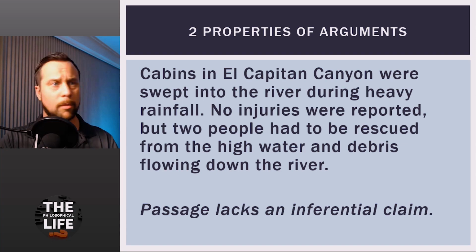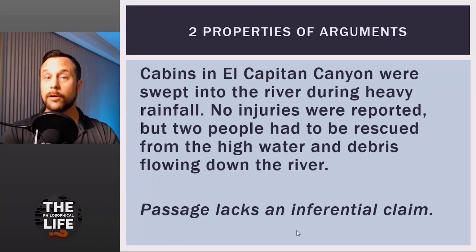Therefore, no injuries were reported. None of that makes sense, right? So it's lacking that inferential connection. It's not a 100% guarantee, but you can often just use a conclusion indicator like therefore or thus, plug it in, and see if any of the statements are being claimed to support the others.